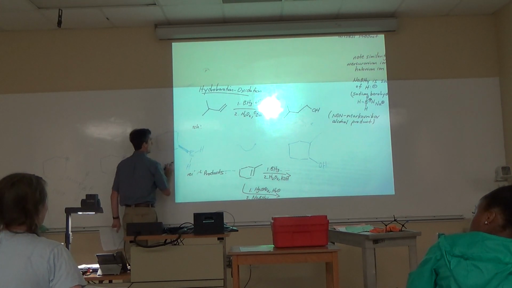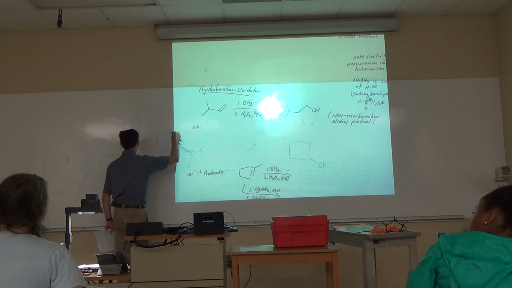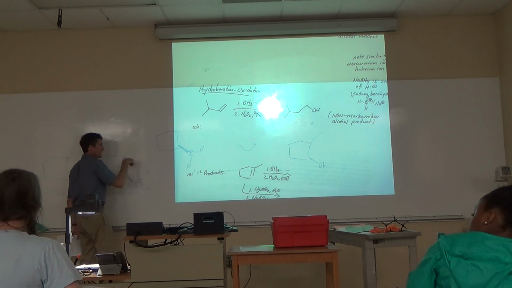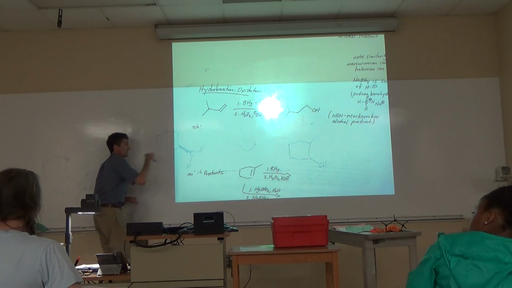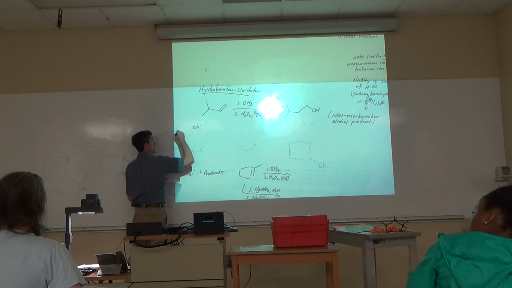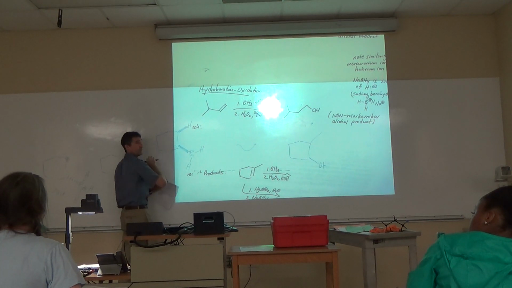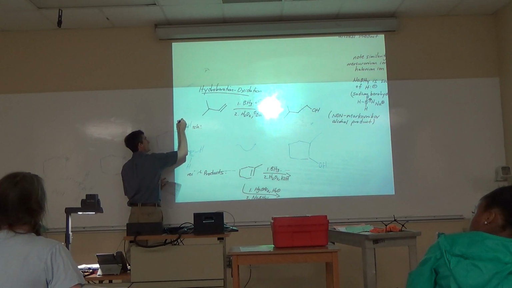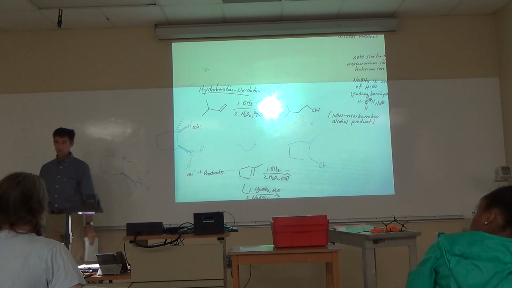And it's neutral. This carbon now has four things bonded to it, the methyl and the H in the ring. Is that H forward or back? It's forward. Why is it forward? And by the way, since it's forward, the methyl gets pushed back. Why is that H forward?